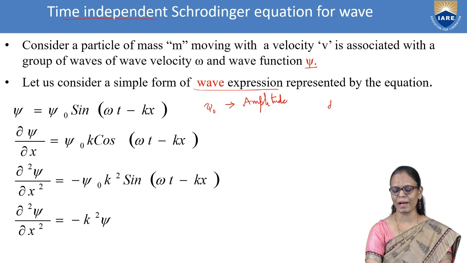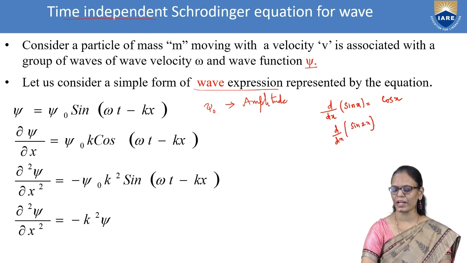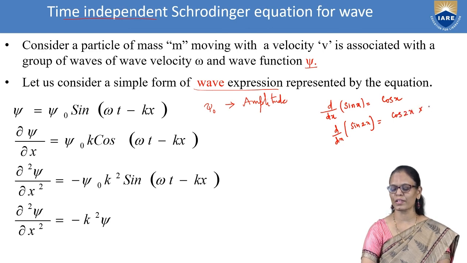Here we will have to go back to our basic formula of differentiation. D by dx of sine x will be equal to cos x. And if you have d by dx of sine 2x, it will be cos 2x, and then d by dx of 2x will be 2.